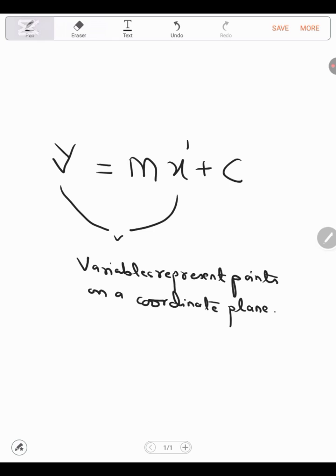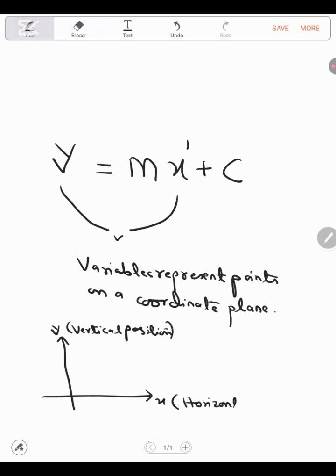x basically represents the horizontal position, and y represents the vertical position. You know the graph, right? For instance, this is the graph. This is the x-axis and this is the y-axis. So the y-axis is your vertical position, and the x-axis is your horizontal position.